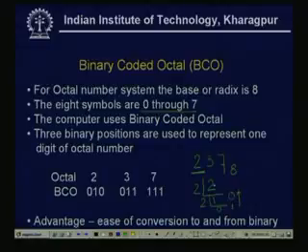So, if I want to represent 2 by a 3-bit binary number, this will be 0 1 0, the leading bit 0 is of no meaning. So, the BCO of 2 is 0 1 0. Similarly, 3 can be represented as 0 1 1 and 7 is 1 1 1. So, the octal 2378 gives the binary coded octal 0 1 0 0 1 1 1 1 1.